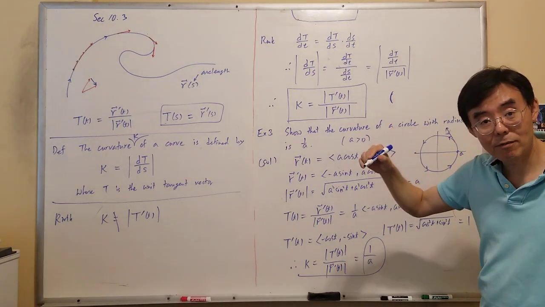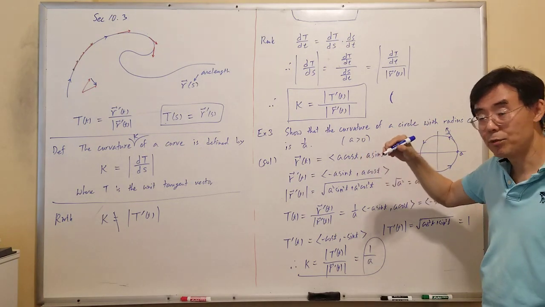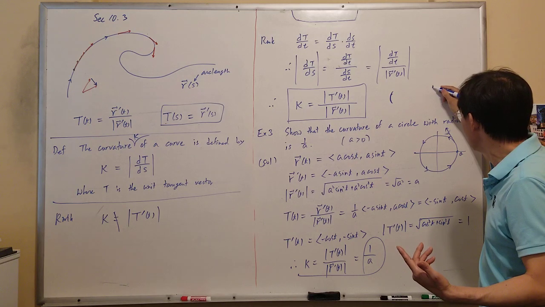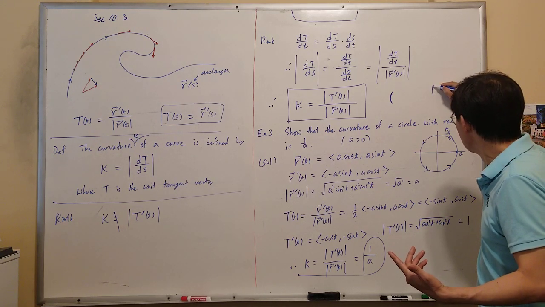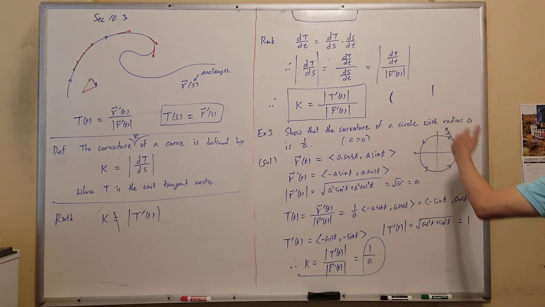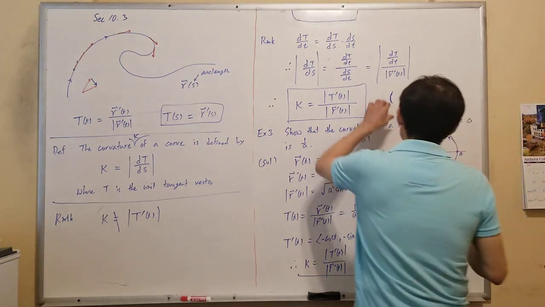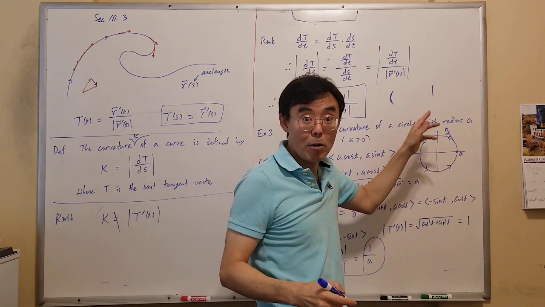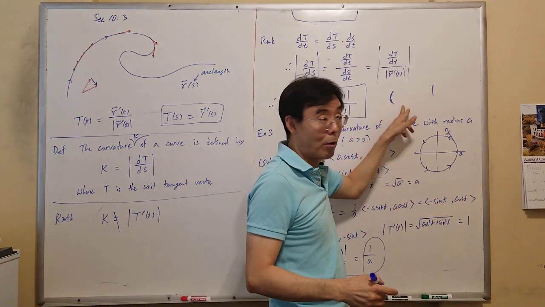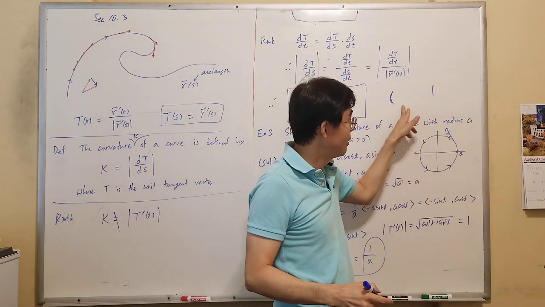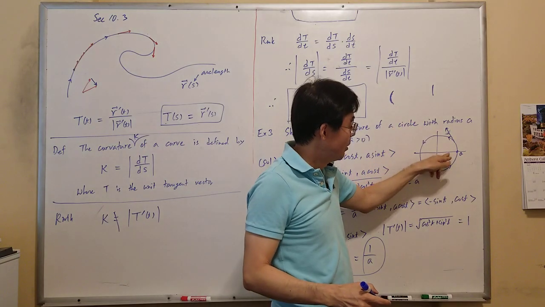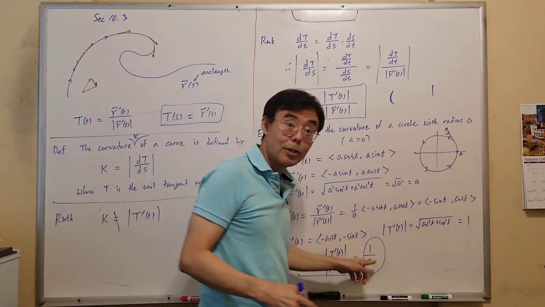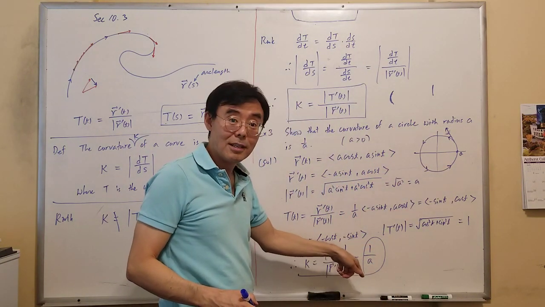If you take a piece of a circle with radius 10, it will be like this, right? Because the center is way over there. That means you're going to see that this is curving a lot. The smaller the radius, the more curved it is, right? The smaller the a, the larger the curvature.